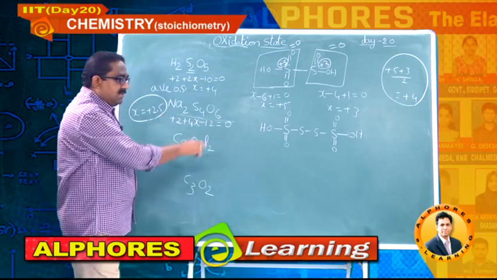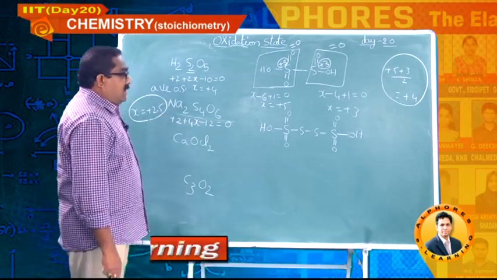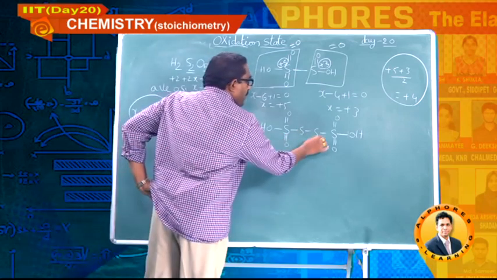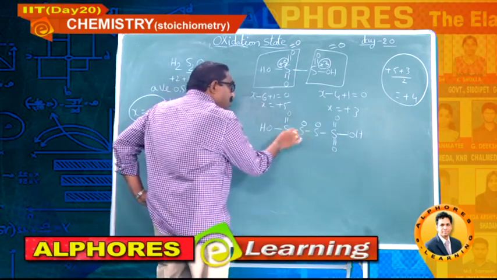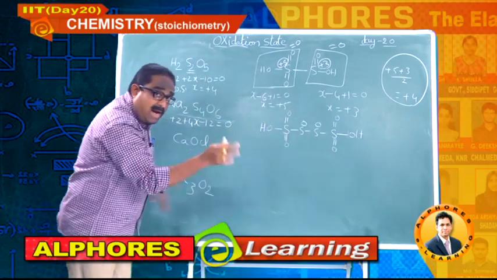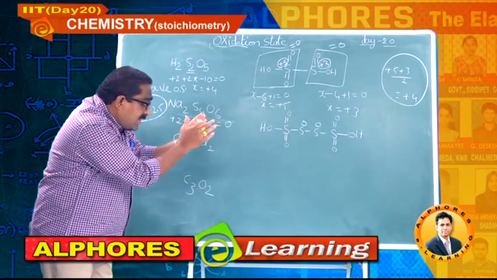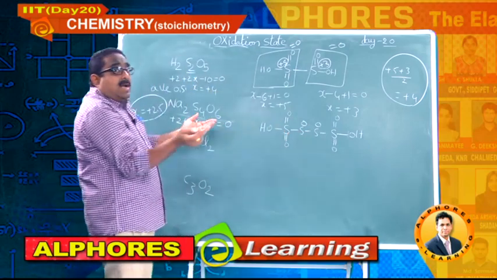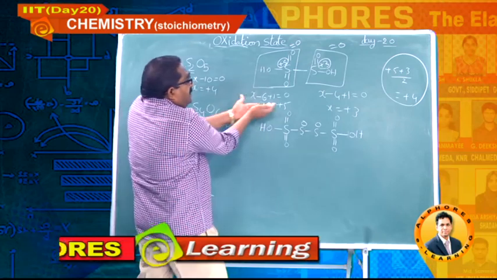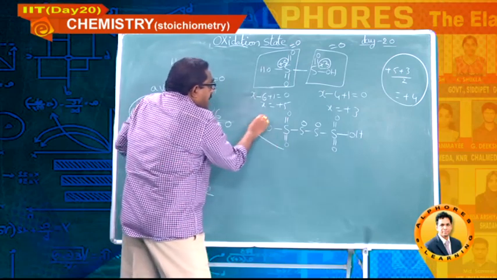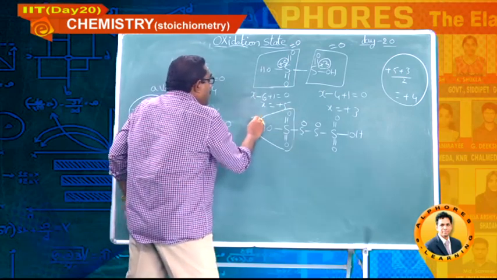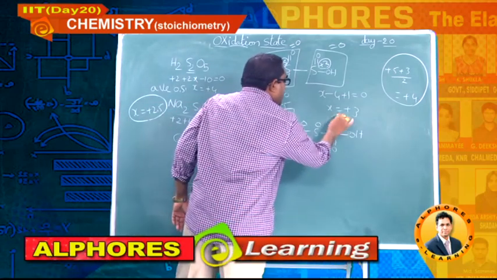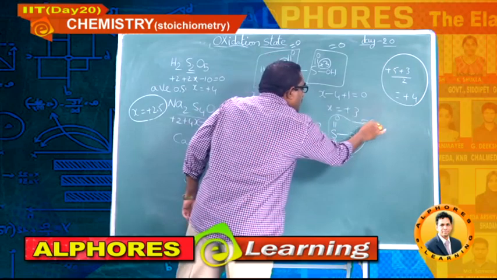You observe the structure first of all, the bonding. Now, let me explain. Bonding between same two elements, 0, 0. Here also same two. That's why I blindly have written 0, 0 for both the sulfurs in the middle. But for this sulfur, I cannot write 0 because this sulfur is bonded to some other. So, this entire thing I have to equate to 0, the sum of all the oxidation states. For this also, this entire thing I have to equate to 0.